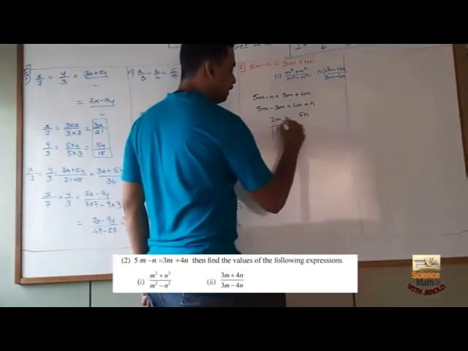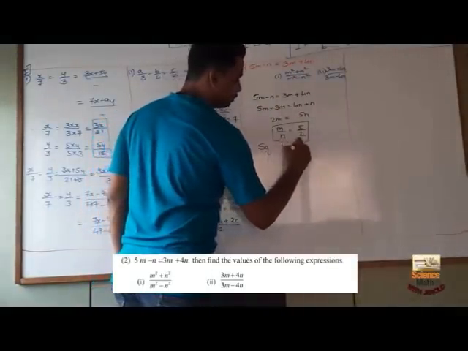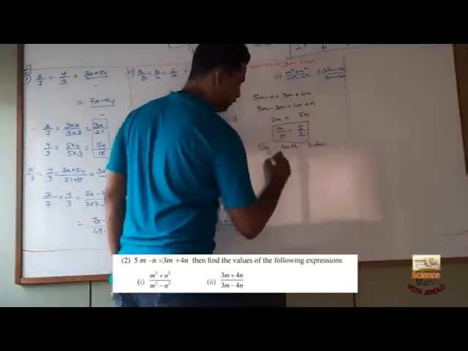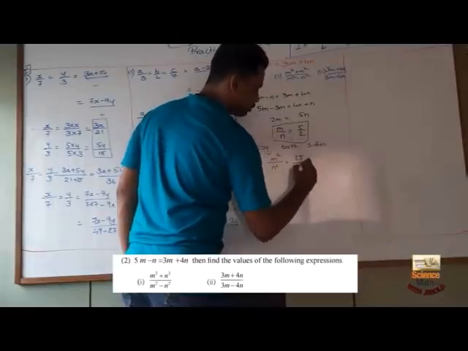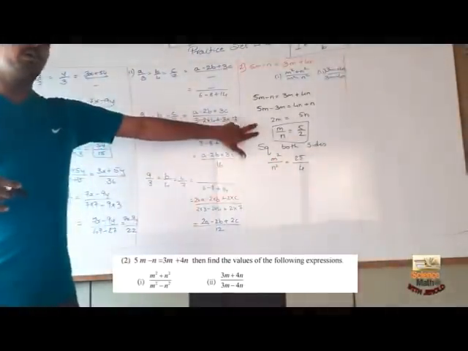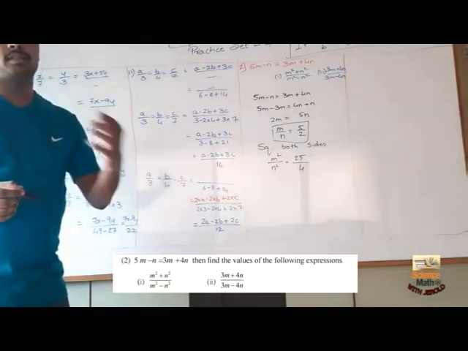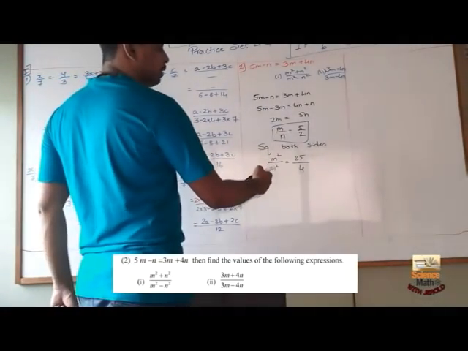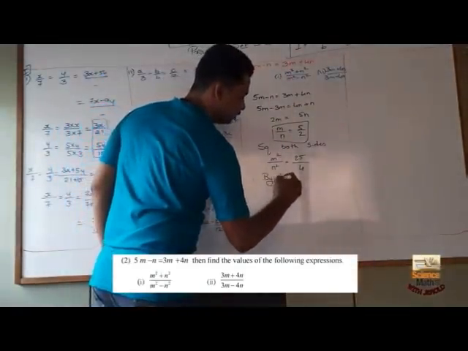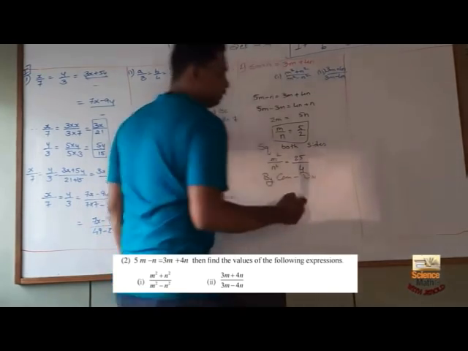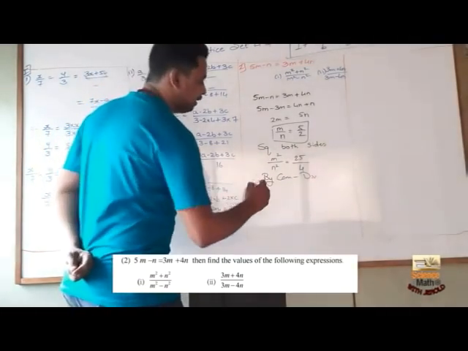Now I have the value of m upon n, but I need m squared and n squared. So squaring both sides, I have m squared upon n squared is equal to 5 squared, which is 25, upon 2 squared, which is 4. These are the type of sums that we did in the previous exercise. Now m squared upon n squared is there. If you see plus and minus, therefore by componendo dividendo, as we saw in the whole first exercise, this also comes with componendo and dividendo.